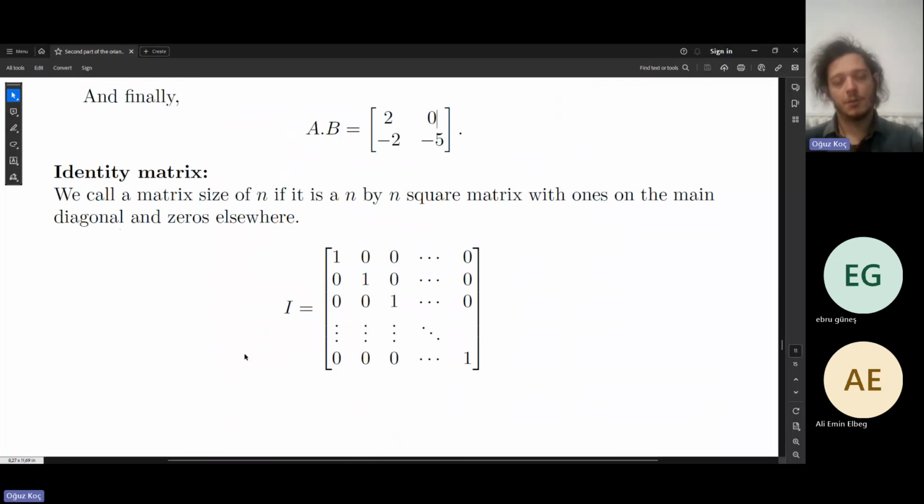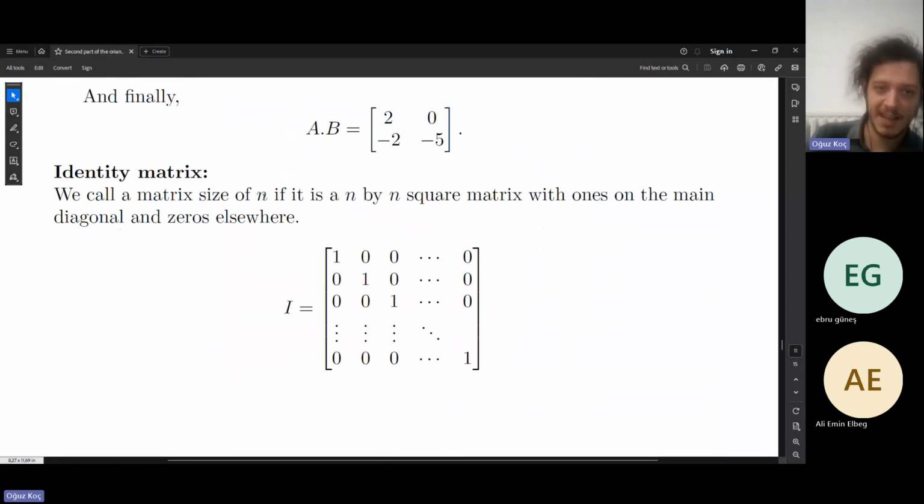We need to talk about the identity matrix before taking the inverse of a matrix here. An identity matrix is a square matrix.